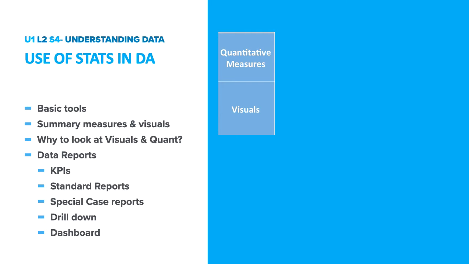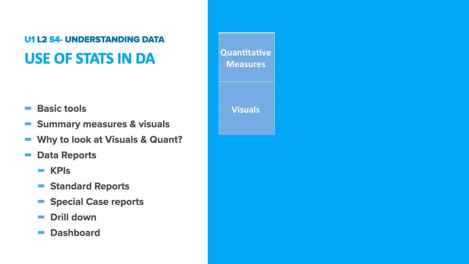Then we try to drill down to a particular area, and we try to get all the details in that specific area, and we try to present that through a dashboard which contains everything. So let me talk about quant and visuals first.